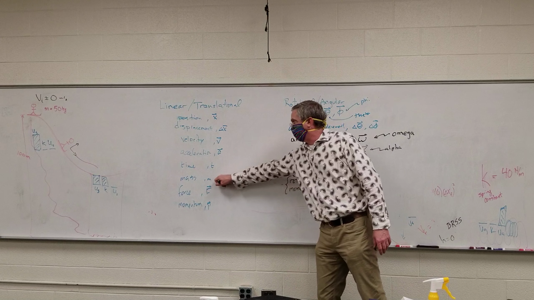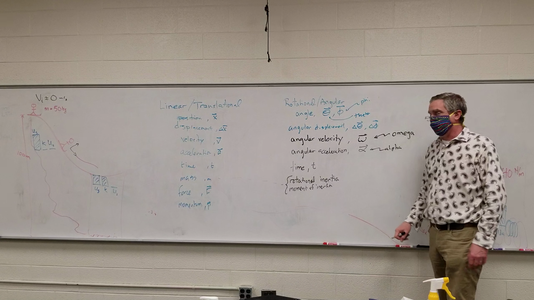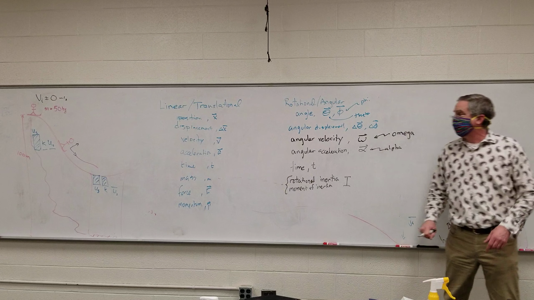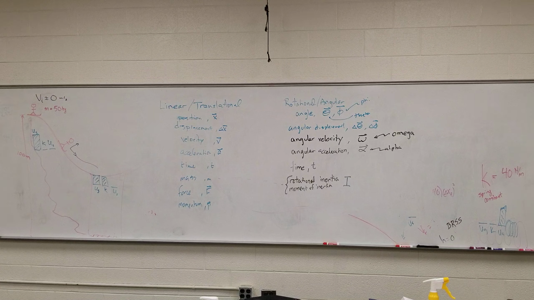So that's the analog of mass. The symbol, they get away from the Greek letters in this one, is a capital I. I will tend to call it moment of inertia just out of decades of habit. So be able to translate in your head: rotational inertia, moment of inertia, the same thing.